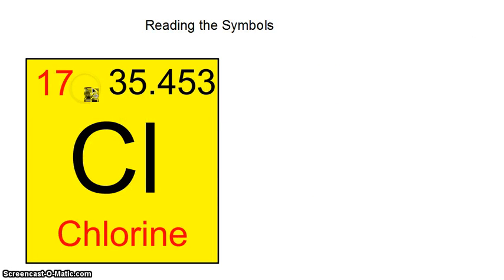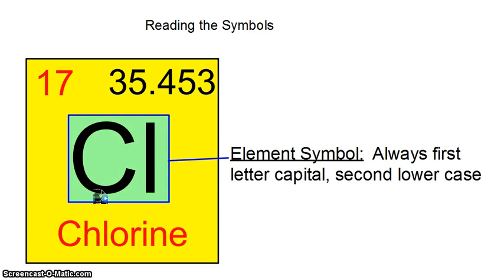I want to point out how we read the individual boxes on the periodic table, because this is a very important skill. The first thing I want to point out is the symbol itself. The element symbol always has the first letter as a capital letter and the second as a lowercase letter.